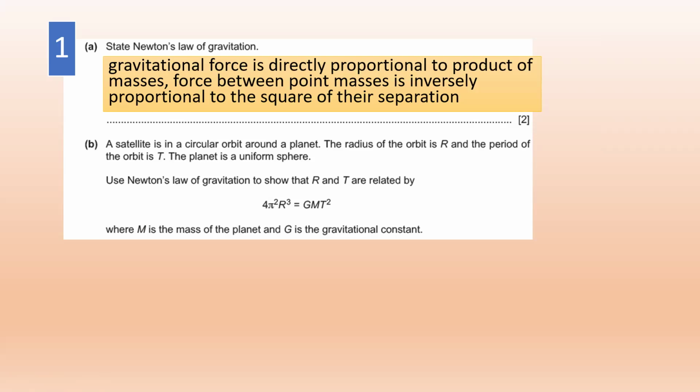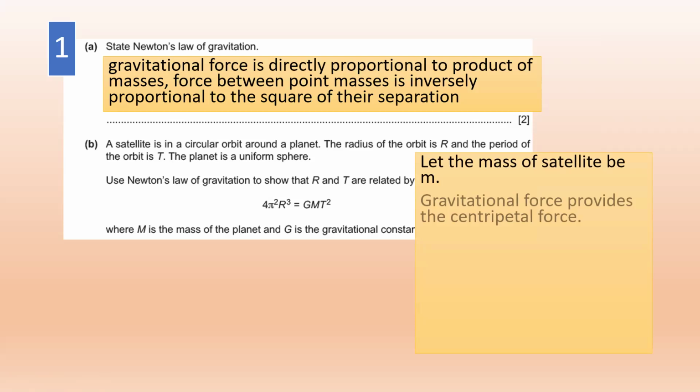The gravitational force equals the centripetal force. Let the mass of the satellite be m. Gravitation provides the centripetal force. This used to be worth 1 point, but these days they don't bother anymore. The previous marking scheme would say 1 point for this, this must be there.